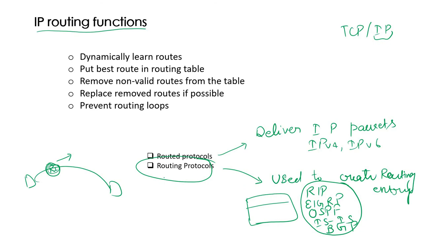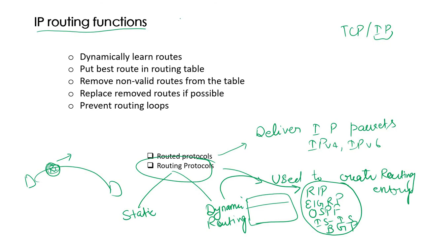In the routing entries, we have static or dynamic. Static is just a manual entry, and for dynamic we have these protocols that are used for dynamic routing. Static routes are what we learned in the previous session.